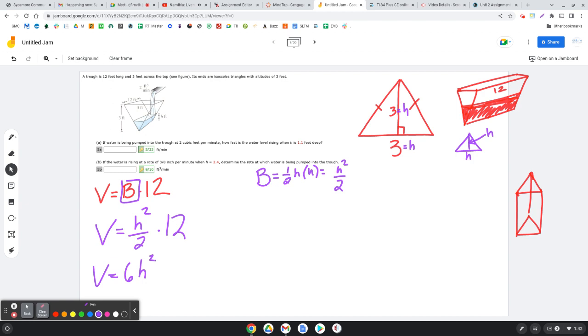Okay, now let's read. The water is being pumped at 2 cubic feet per minute. What's that? What mathematical thing is measured in cubic feet? Okay, and if we're going to do cubic feet per minute, and it's changing, so it's like dV over dt.